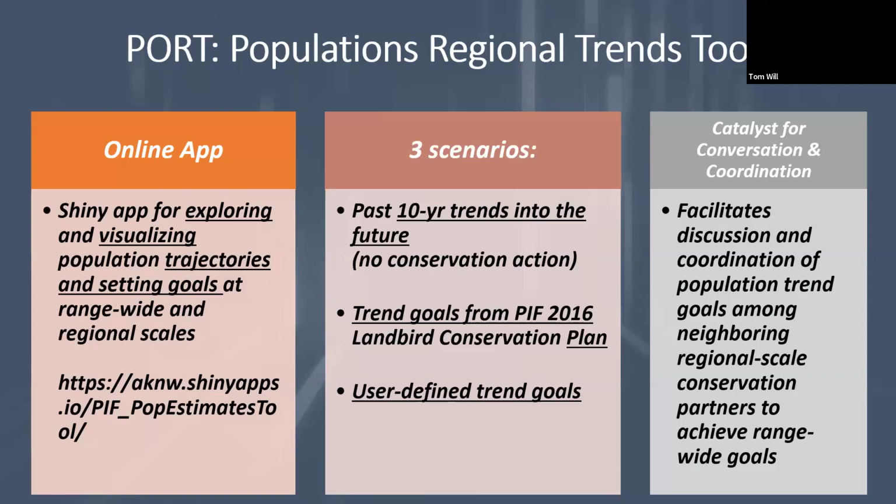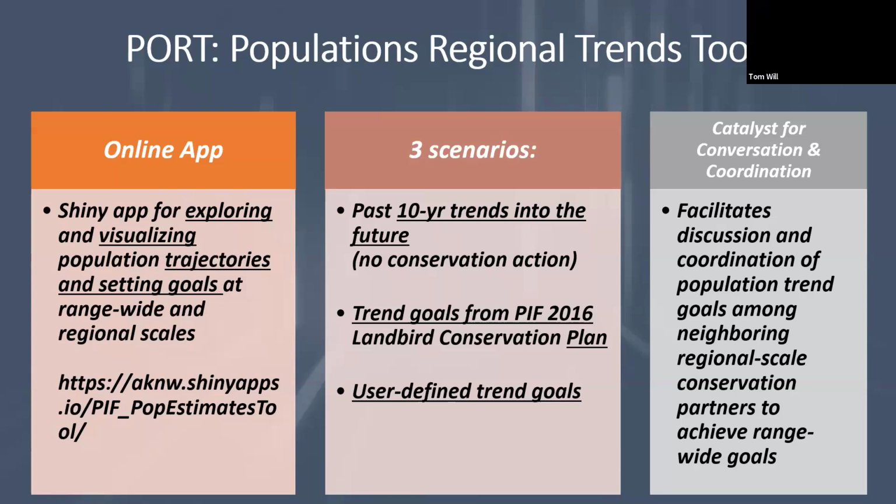And it provides 3 different scenarios to look at. So you can see the past 10-year trends based on Breeding Bird Survey and project those into the future. So if there was no additional conservation action, what would we predict in terms of those trends continuing into the future? And then we have the example of what the suggested trend goals are from the Partners in Flight 2016 plan. And then it has the option where a user can define their own trend goals that they would like to see.